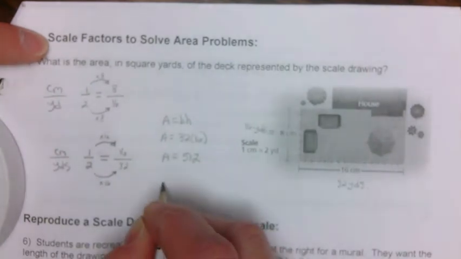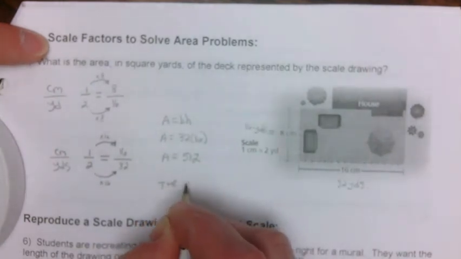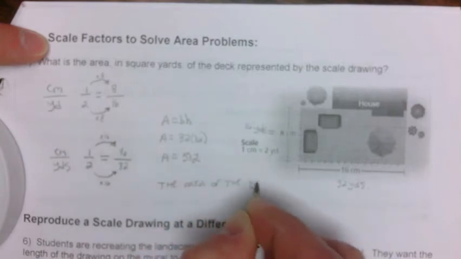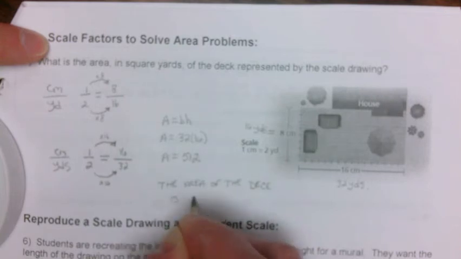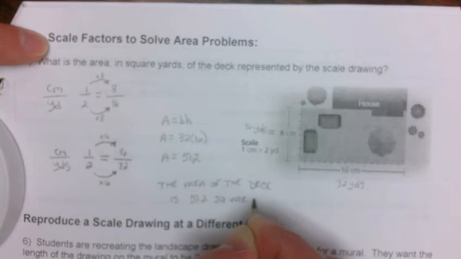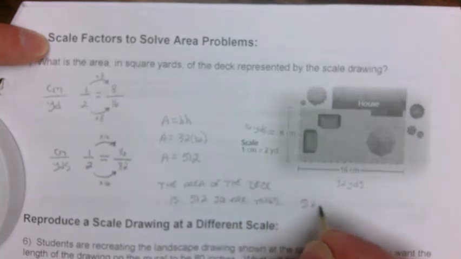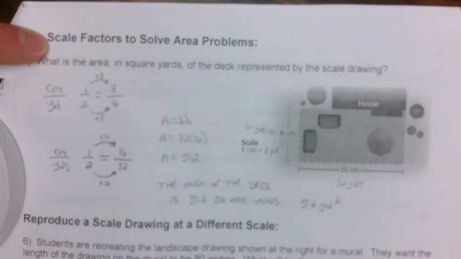So this means that the area of the deck is 512 square yards. You could write it 512 square yards like that as well.